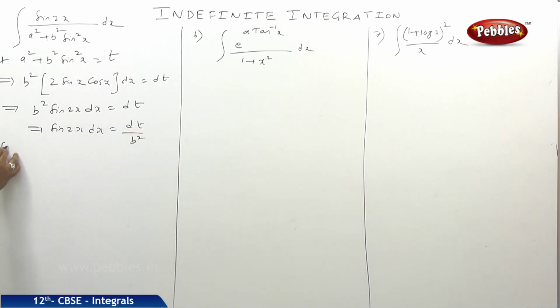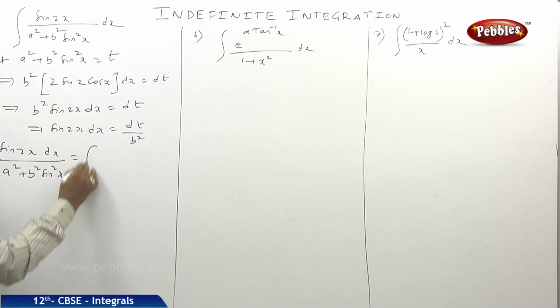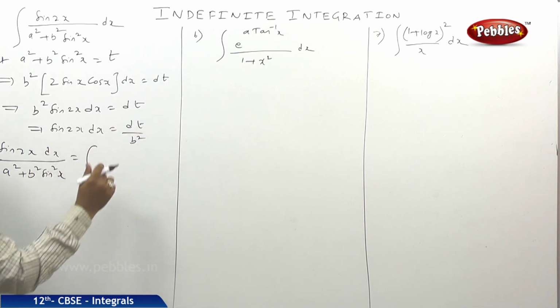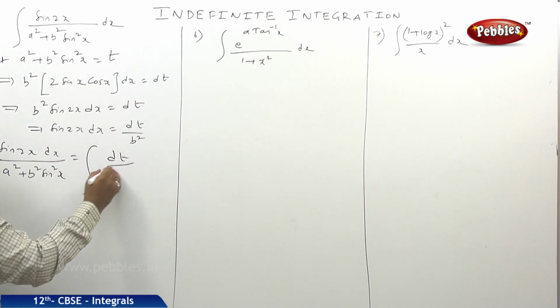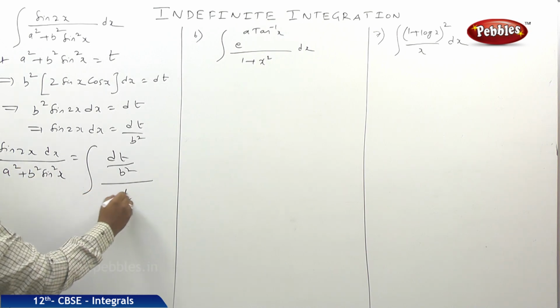Therefore, the integral of sin 2x dx divided by a square plus b square sin square x is equal to the integral of dt by b square, divided by t, where I write a square plus b square sin square x as t.